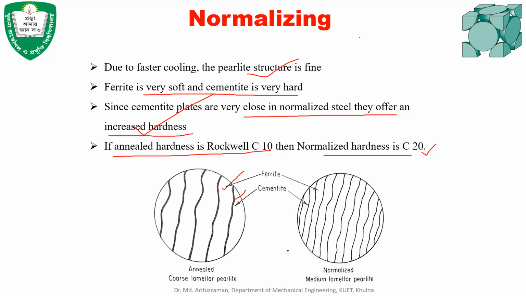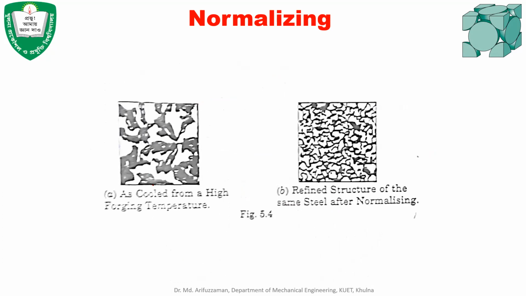After cooling from high forging temperature, you get a microstructure like this, but when you do the normalizing, the cementite particles will be more distributed and you will get a more uniform structure and superior properties.